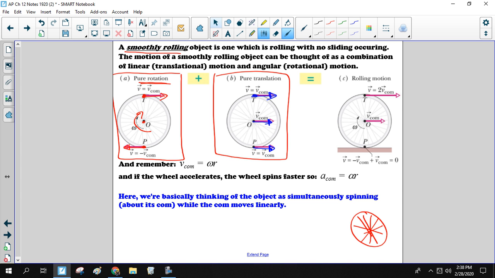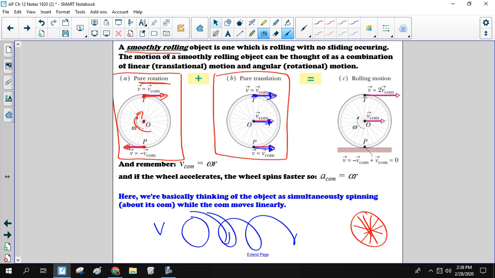Now, it turns out that if your object is rolling, then the velocity of the wheel as it moves forward is equal to the velocity of the center of mass. So when we talk about v for a rolling wheel, rolling forwards, the velocity of the wheel is the velocity of the center of mass.